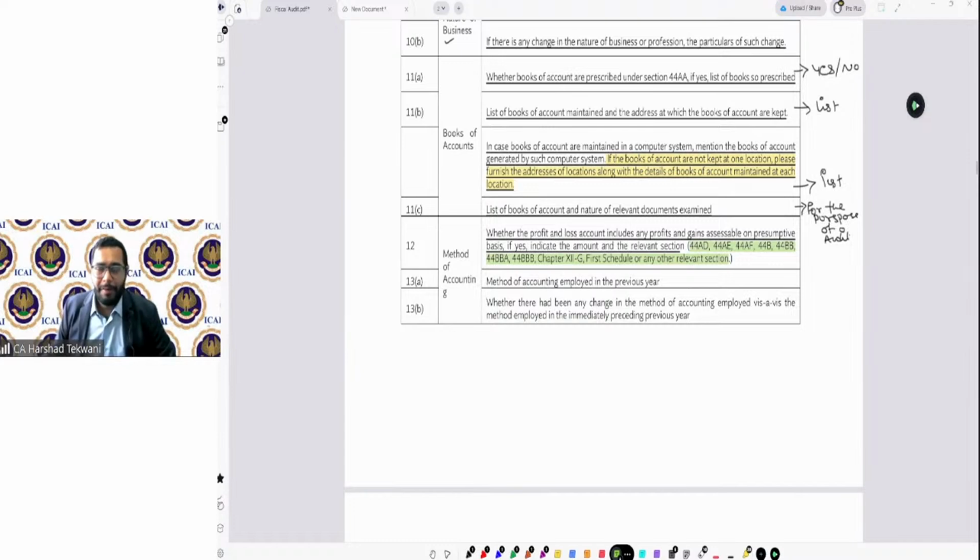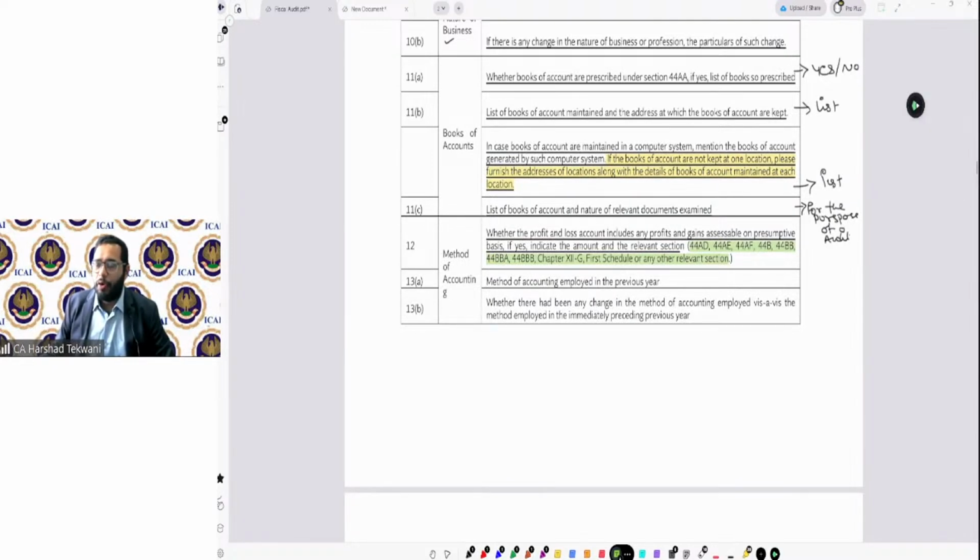Now, someone might raise a question. Okay, why is 44ADA not included over here? Why is 44ADA not included here? So, see, when I talk about 44ADA, 44ADA is not mentioned over here.